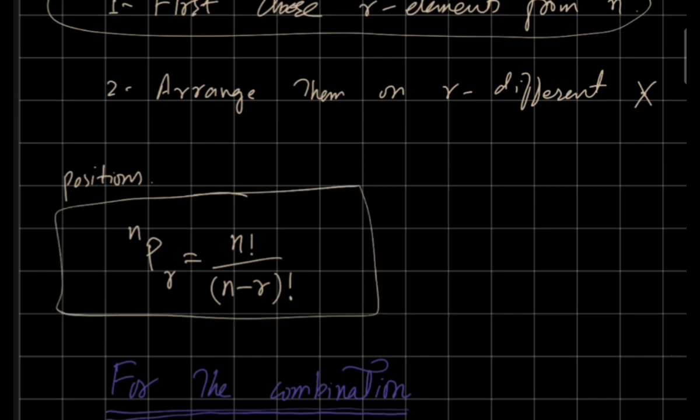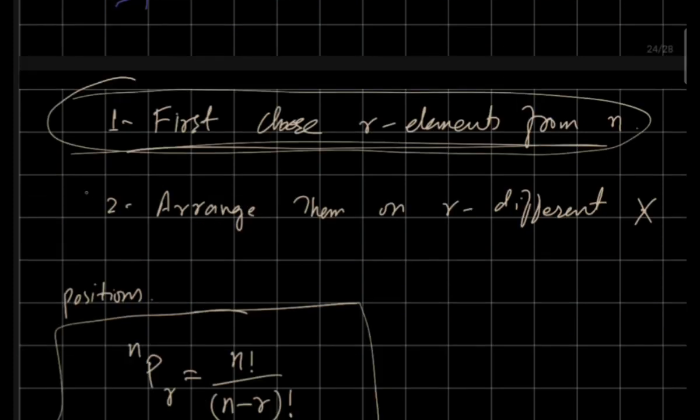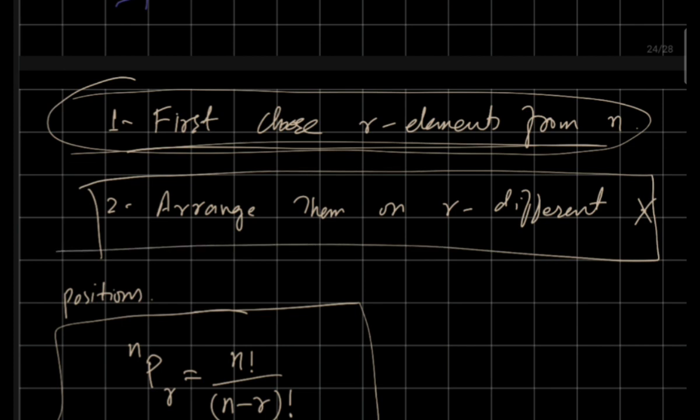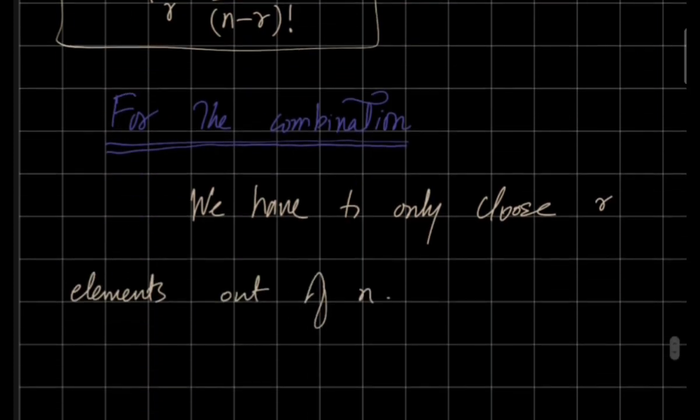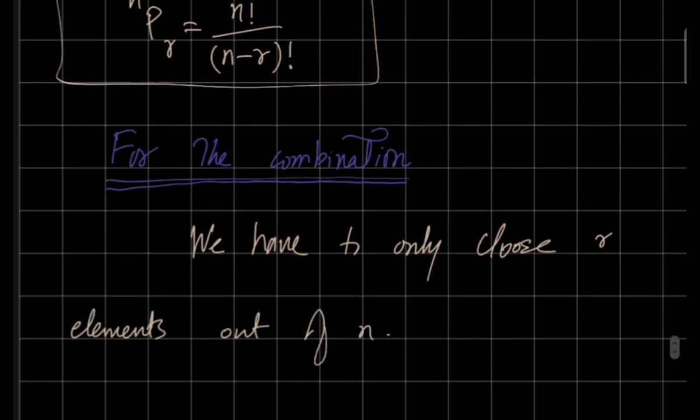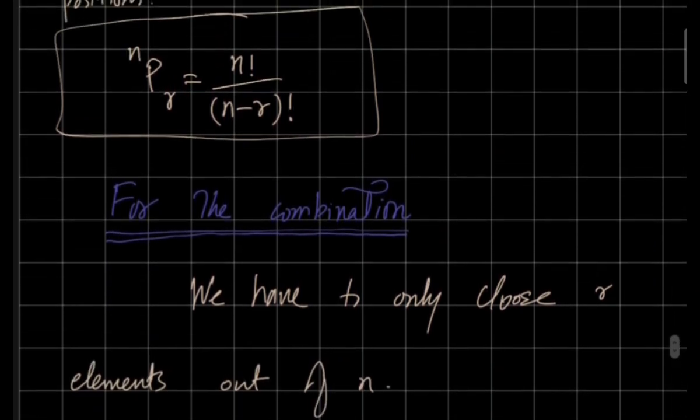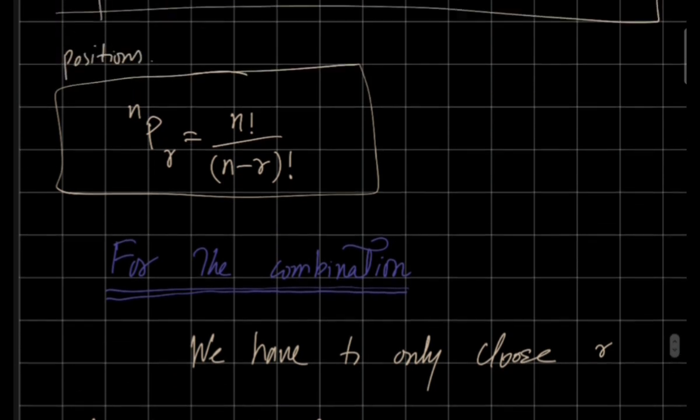But we know the formula for permutation, in which we have done both works. We know if we have r different positions and r different objects, how to arrange them on r different positions. We know the formula for permutation, rPr. What is this? That is r factorial.